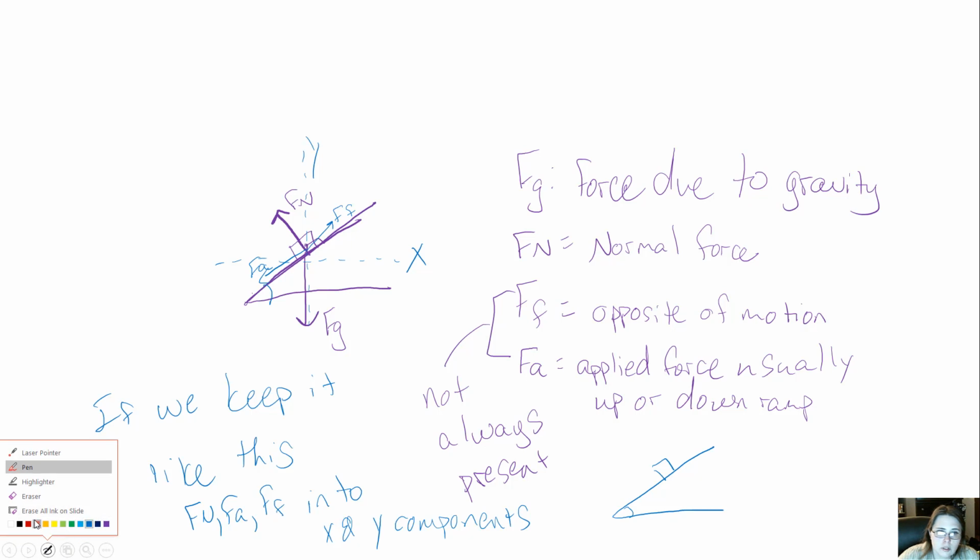I'm going to make the axis go with the incline, and I'm going to call this parallel because wherever we move this up and down, it's parallel to the surface of the ramp. And then I'm going to make this axis perpendicular. That's just its name. It's perpendicular because this right here is perpendicular to the ramp's surface.